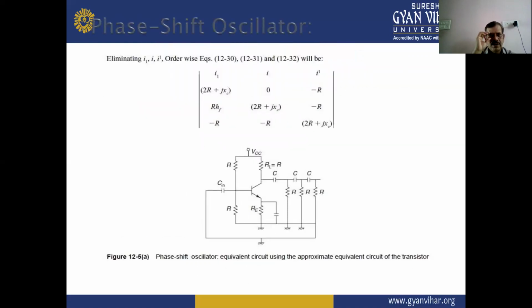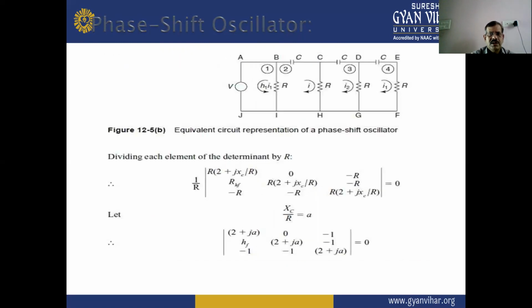So eliminating I1, I2, I3 in order, we can write the equations in the form of a matrix. And this is the equivalent circuit representation of a phase shift oscillator.